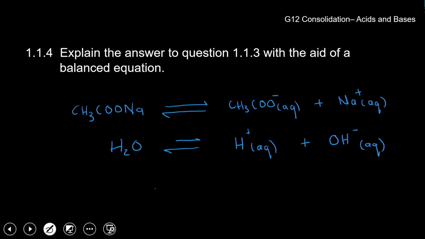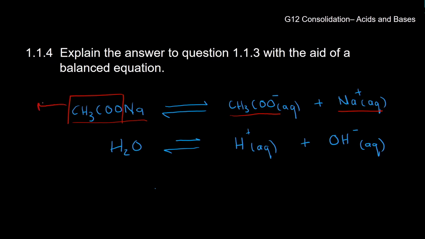We have this salt, sodium acetate, that has formed, and it is going to break up into its component ions: the acetate ion there and the sodium plus ion there. This part comes from a weak acid.